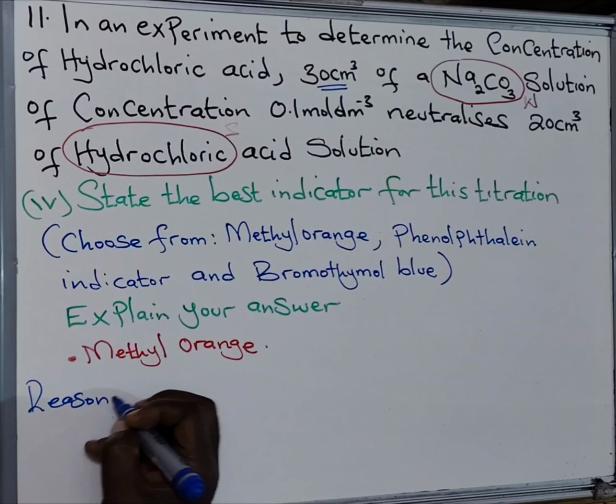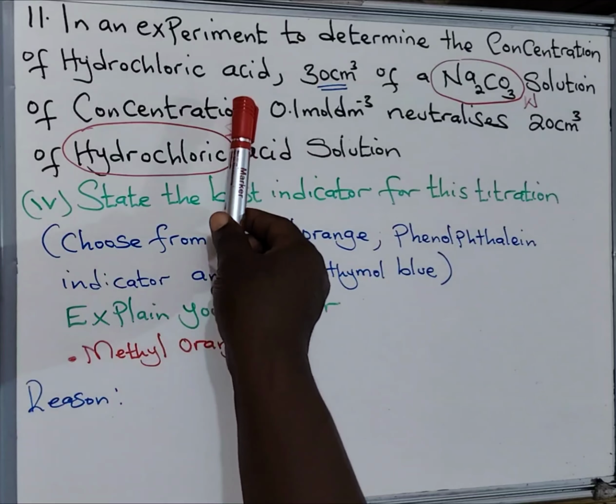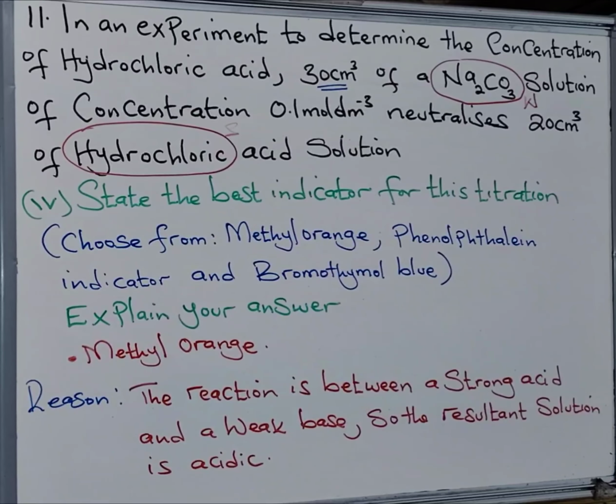What's the reason? Okay, the reason is that the reaction is between a strong acid and a weak base. That means that the resultant solution is going to be acidic. Yeah, that is it.